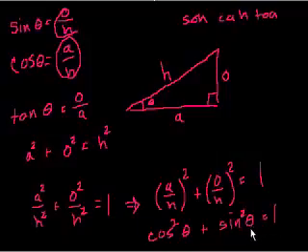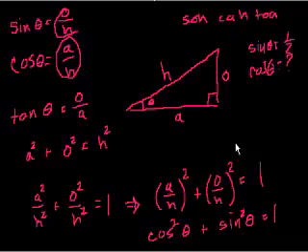So if you know the sine of theta, it's very easy to figure out the cosine of theta, right? You could just solve this equation. Let's say I know that the sine of theta is, let's say 1/2, right? Then what is the cosine of theta?